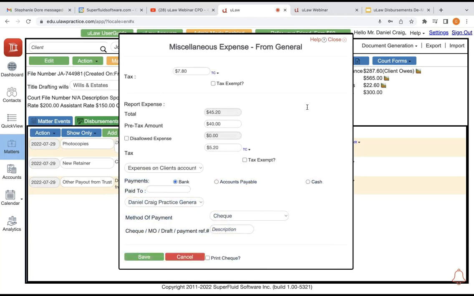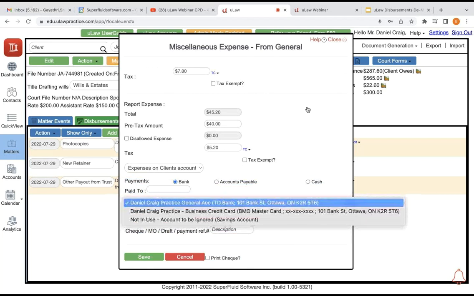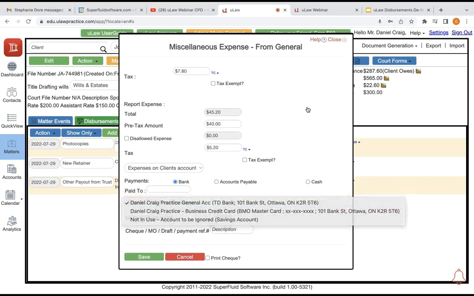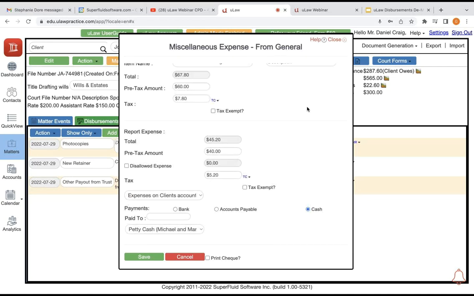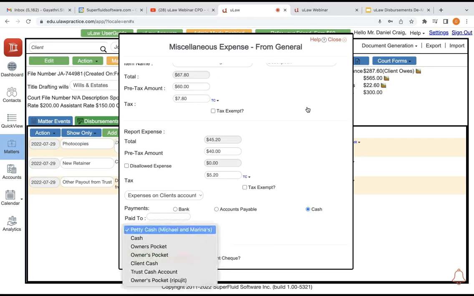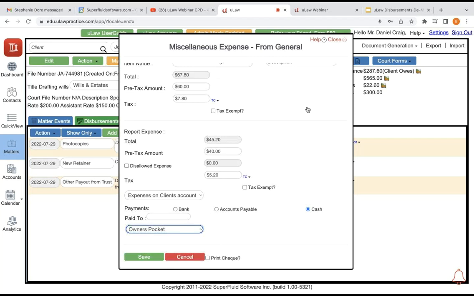Both are bank. So under bank, you would see there is both these banks, general and credit card, but these are both business related bank accounts. However, if you have used your own personal account, it is always considered as cash, even though you could have used your personal credit card or personal debit account or actually cash. But whatever it is, it would be termed as owner's pocket.